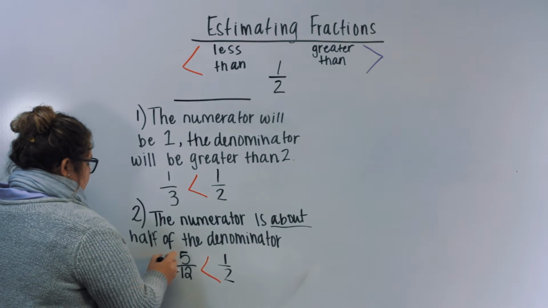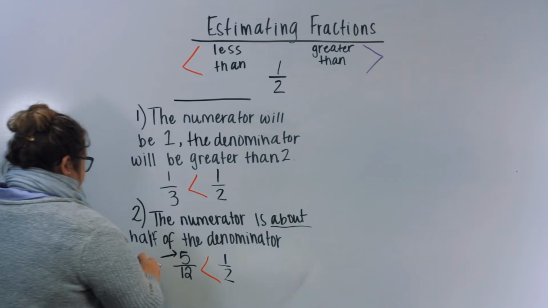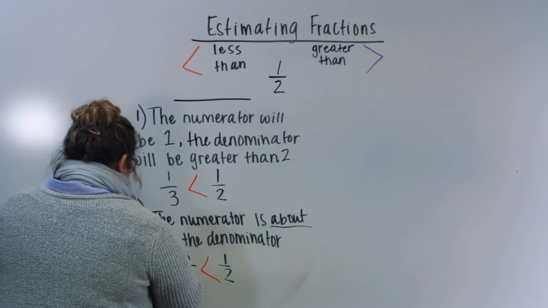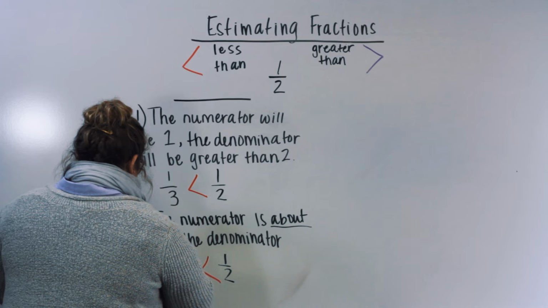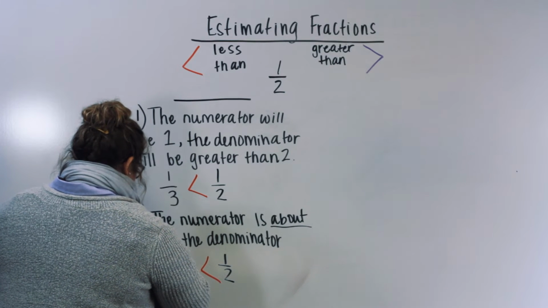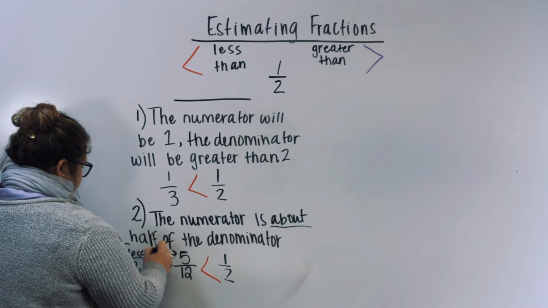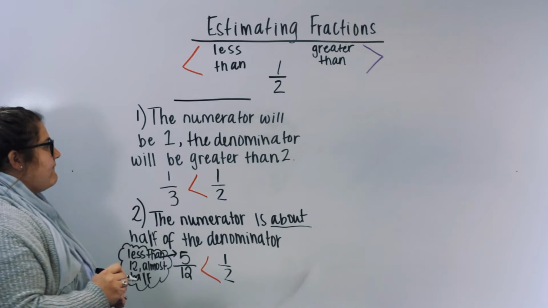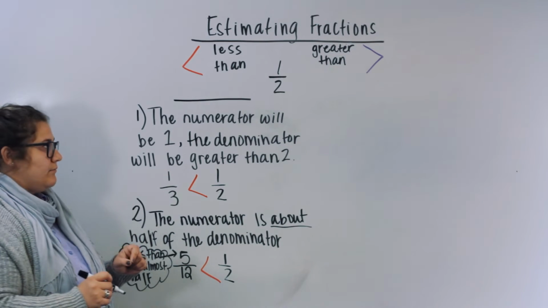Okay, so this 5, it's less than 12, almost half. Okay, so those are the two ways you can figure out if a number is less than half.